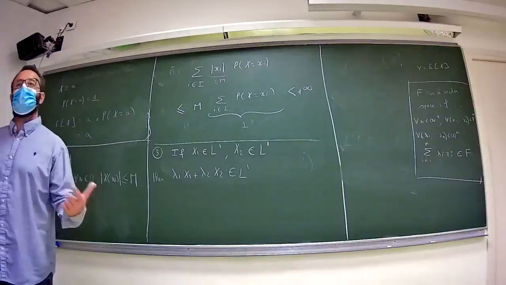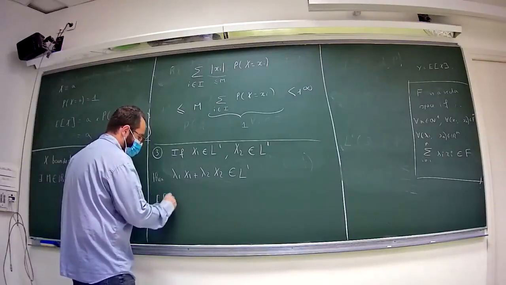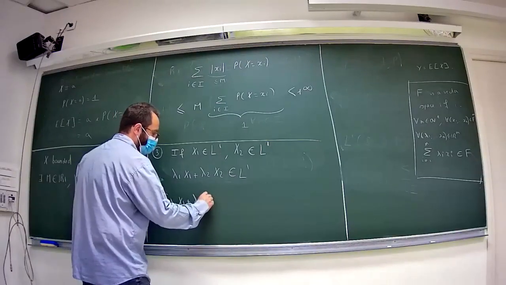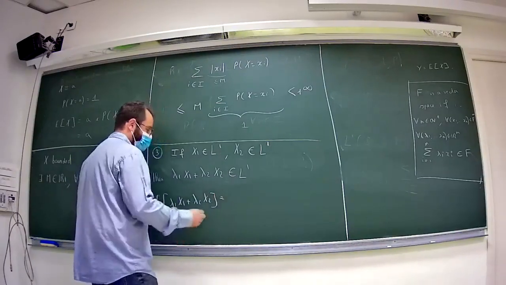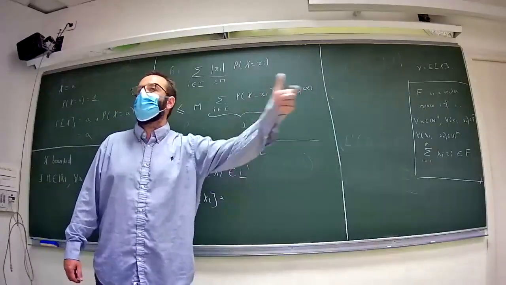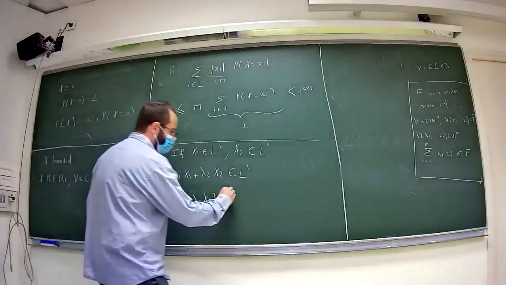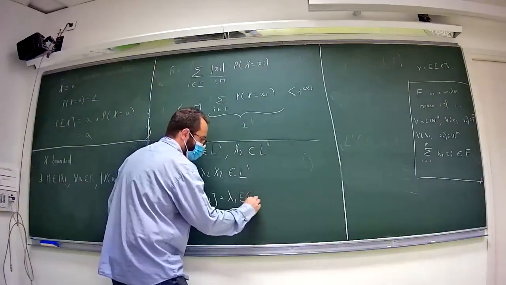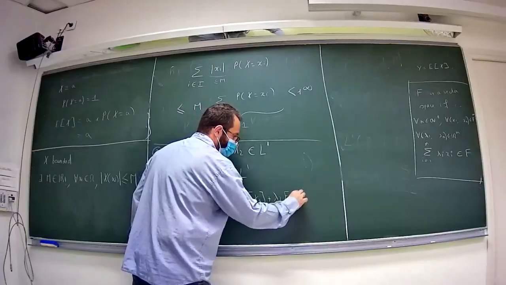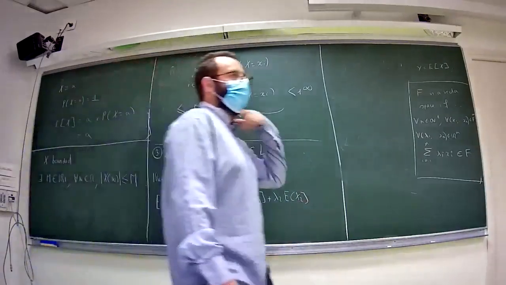And the fact that the expectation is linear means that the expectation of lambda 1 x1 plus lambda 2 x2 is equal to the linear combination of the expectations. This is the meaning of being linear for a mapping. Okay. This is the meaning of statement 3.